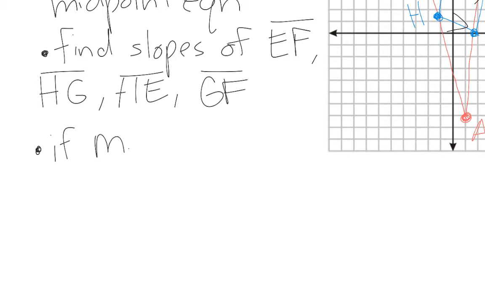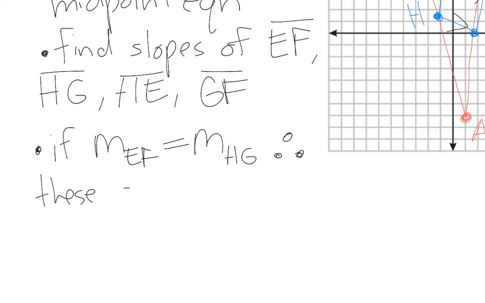If the slope of EF is equal to the slope of HG, therefore these sides are parallel. Now I'm going to do the same thing with the other sides.